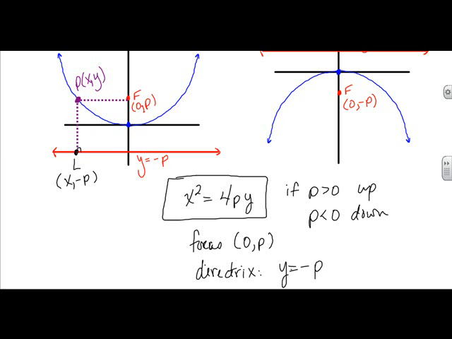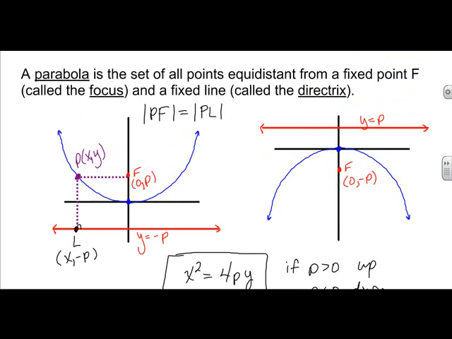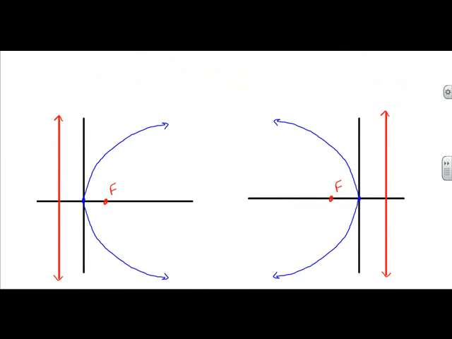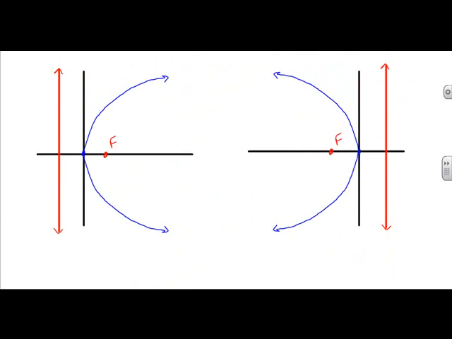Now the other two possibilities for parabolas, if we simply are thinking about this definition of a parabola and we're not restraining what we're allowed to consider to just functions, then you could have a parabola that opens to the right or opens to the left. If you've got a vertical directrix, the vertex is still at the origin. The focus then would have to be on the x-axis instead of the y-axis.